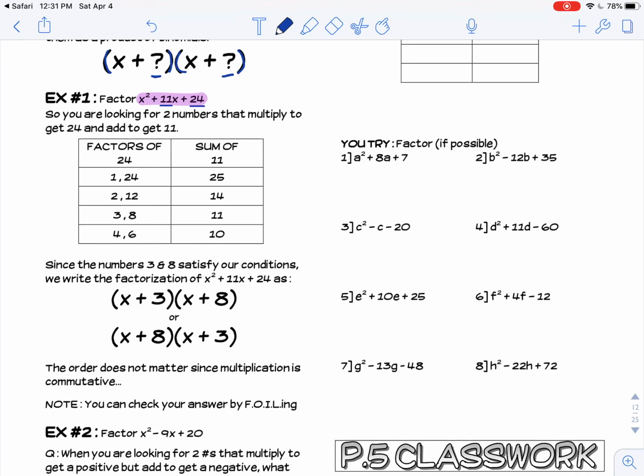So I could do 1 times 24. That'll give me a product of 24, but it doesn't give me a sum of 11. I could do 2 times 12, but that does not give me a sum of 11.